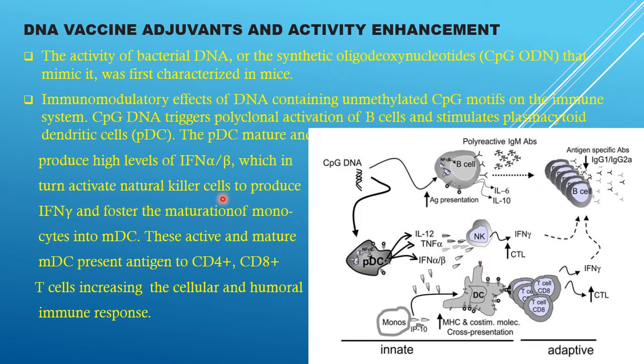CpG sites occur with high frequency in genomic regions called CpG islands. These CpGs can be methylated to form 5-methyl cytosine, and the enzyme which adds this methyl group is called DNA methyltransferase. In mammals, 70 to 80% of CpG cytosines are methylated.